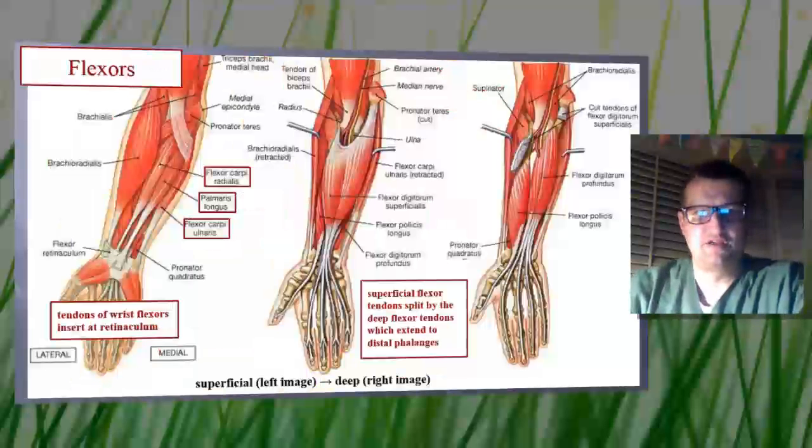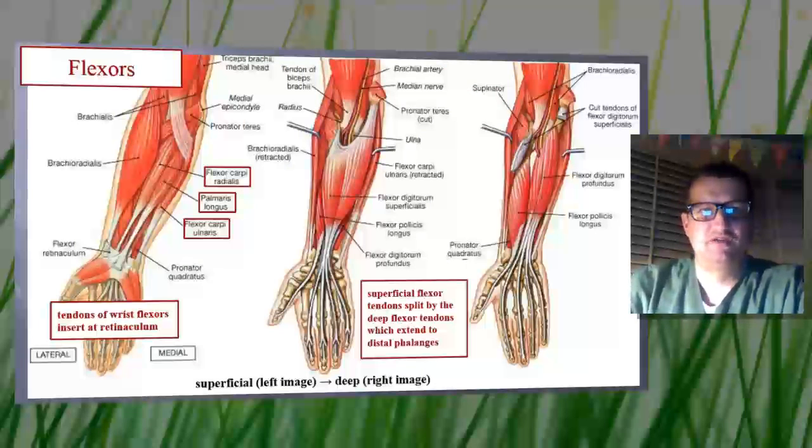The flexors are shown here going superficial to deep. Here's the flexor carpi radialis, the palmaris longus, and the flexor carpi ulnaris here.